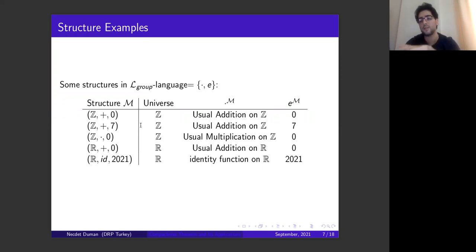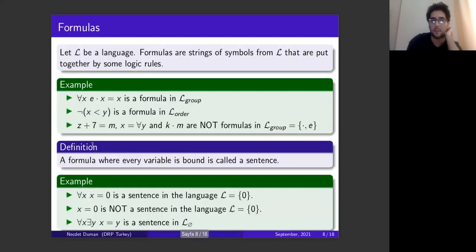This also satisfies group axioms and so forth, but we haven't defined what a property is, so we won't talk about that now. The second example: we again have the set of integers as our universe and usual addition as the interpretation of the function symbol, but this time we will interpret this constant symbol as 7. So this won't be a group, but this will be a structure in the group language. There are a bunch more examples, I will skip them.